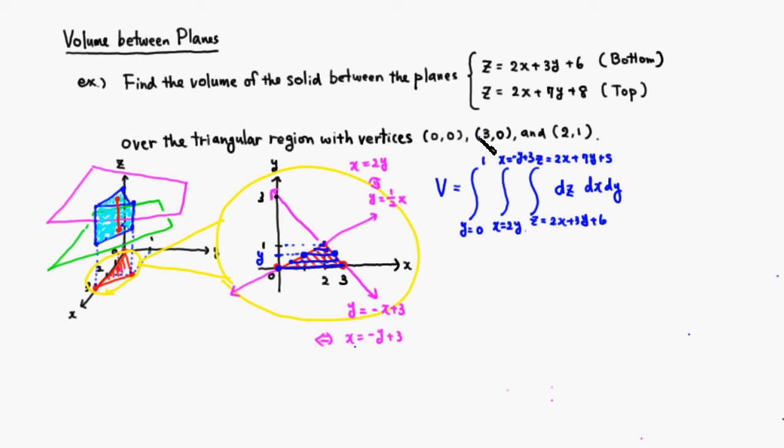If you want to do a double integral, we can do the same, with the same bounds: y from 0 to 1, x from 2y to -y plus 3. Then you just do the top minus the bottom, because that determines the height. So 2x minus 2x cancels out, 7y minus 3y gives you 4y, and 8 minus 6 is just 2.